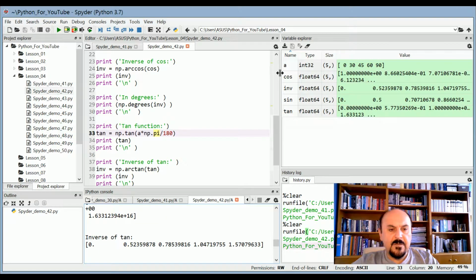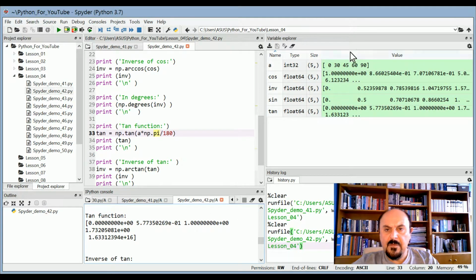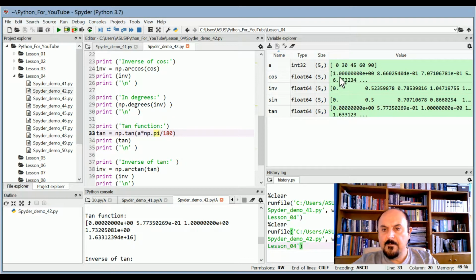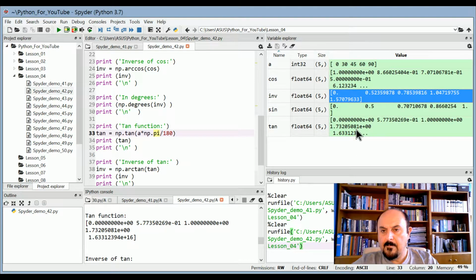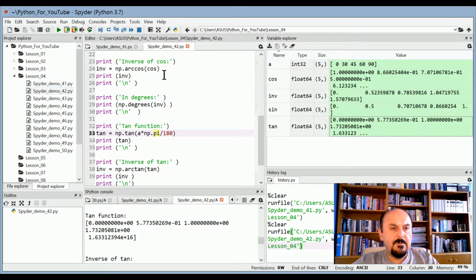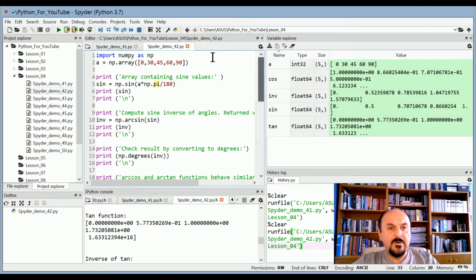Okay, just before describing, I have to mention this one. Okay, our initial array is A, including 5 members, 0, 30, 45, 60, 90, and here I'd like to calculate the sine of this array.